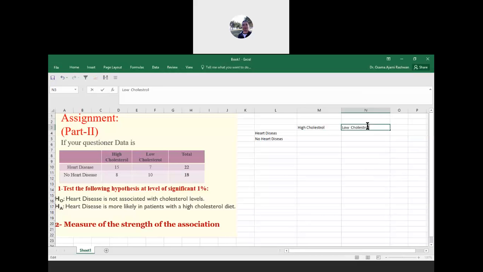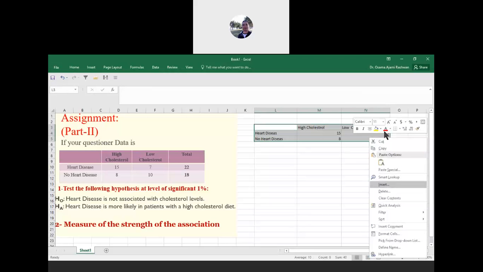Okay. Now I'm just typing the numbers. How many observations do you have from the patients? 15 patients having high cholesterol and heart disease, and 8 having high cholesterol and no heart disease, and 7 having low cholesterol and heart disease, and 10 having low cholesterol, no heart disease. Okay.